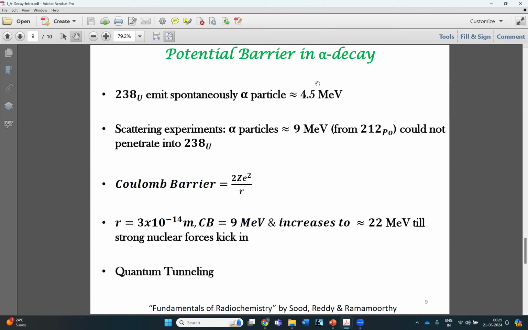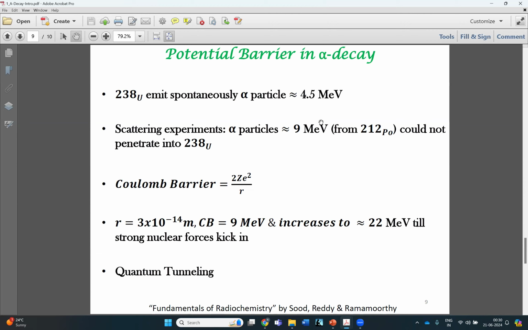If this is the case, a reasonable expectation is that if you have a projectile, say an alpha particle of sufficiently high energy, much more than the alpha particle emitted out of this nucleus, and it is thrown at uranium, alpha decay does not occur. That was sort of puzzling.